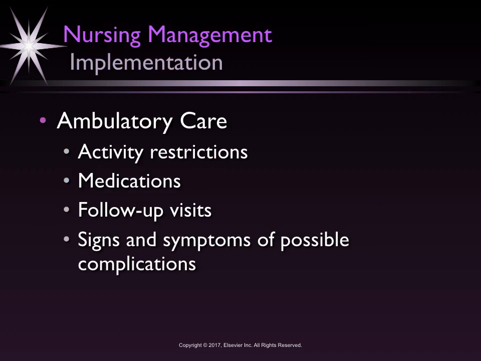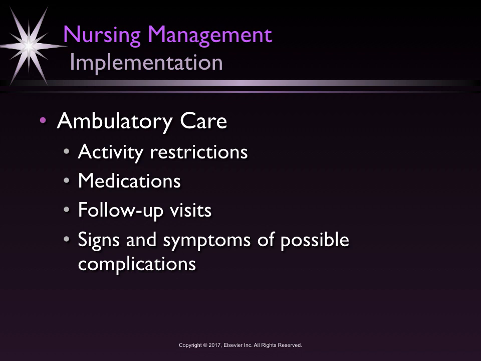As far as ambulatory care, most of these patients are only at the surgical facility for a few hours, and then they and their caregiver are given written and verbal instructions before discharge.